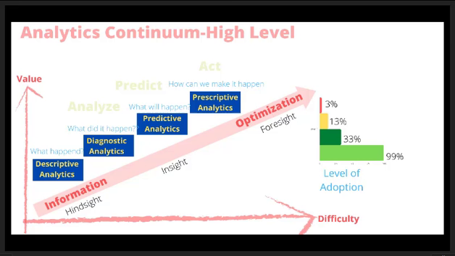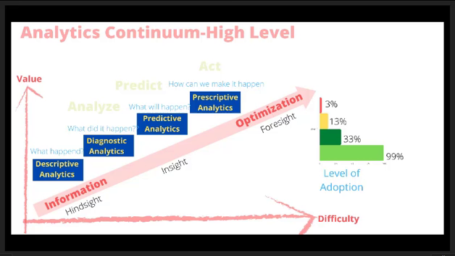As you can see on the top right, analyzing, predicting and acting. Prediction is a mix of predictive and diagnostic. And finally, the prescription. On the right-hand side, you have this bar chart.